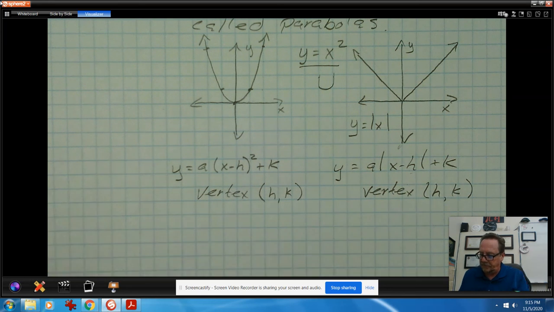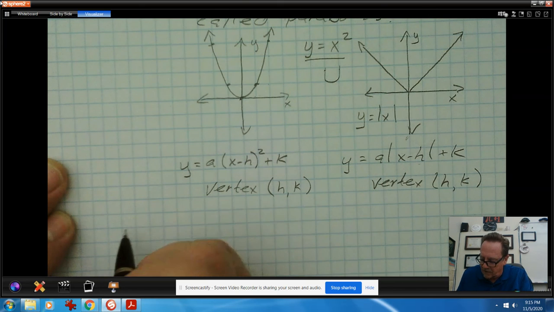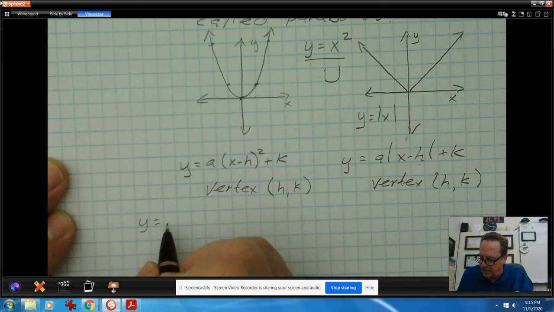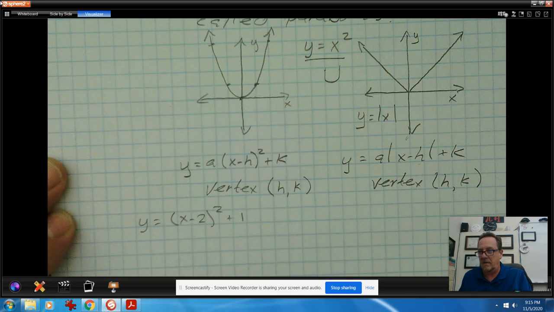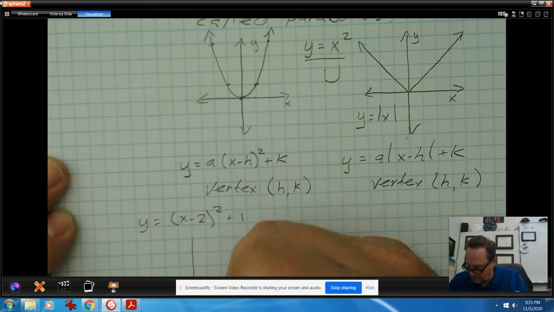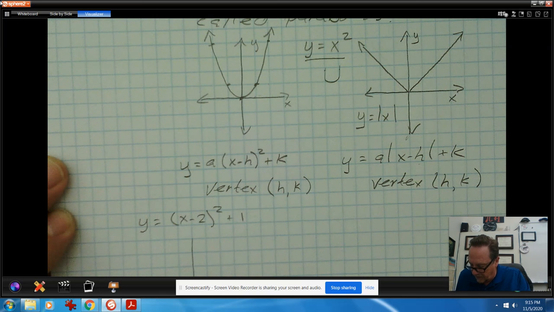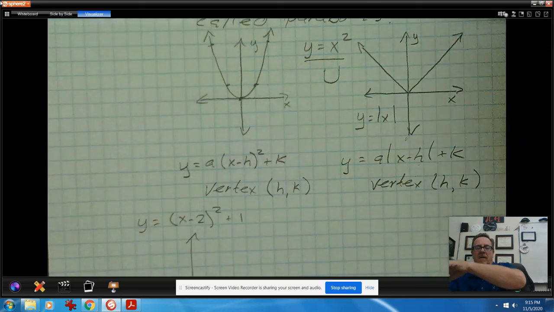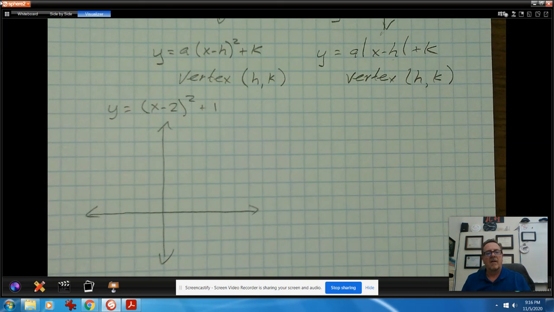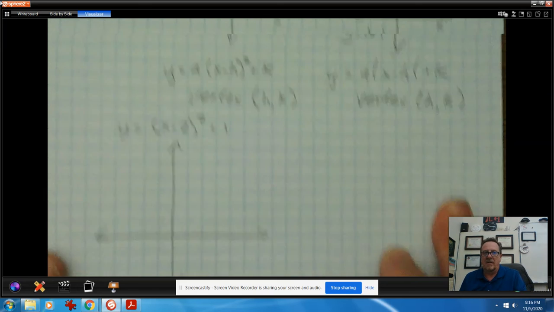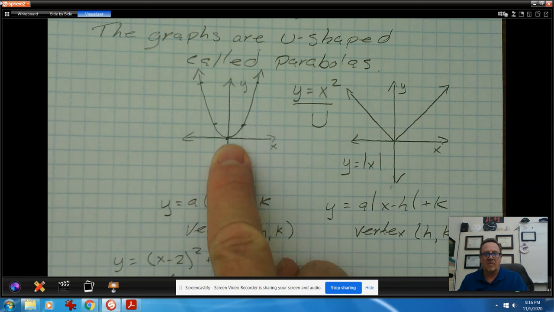So, for example, if I were to graph y is equal to (x minus 2) squared plus 1, what do you think would happen to my parent function?